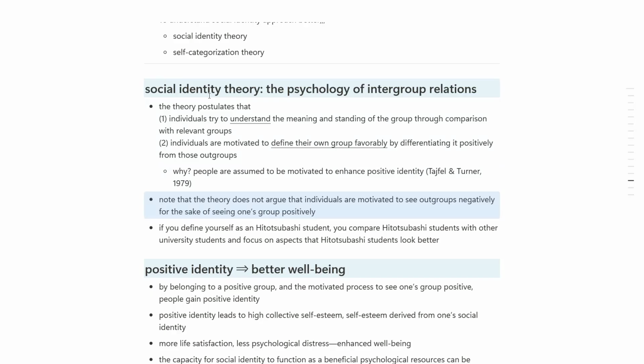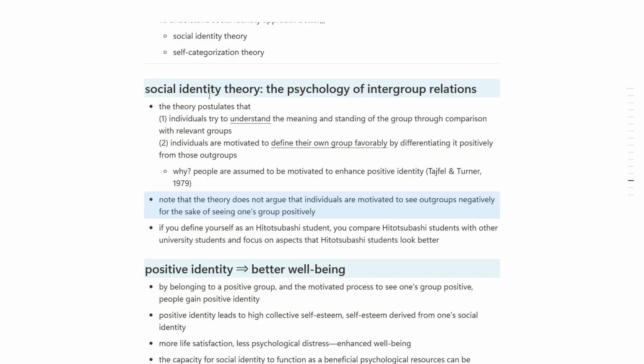And because of such tendency, people come to compare their group with other groups. And then in order to see their group more positively, they try to find elements that make them see their group positively compared to other groups.